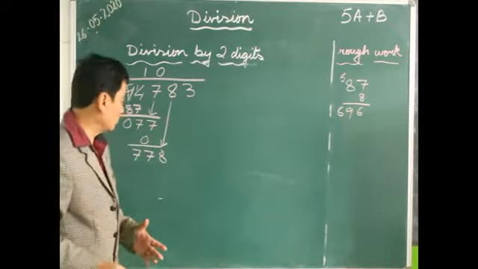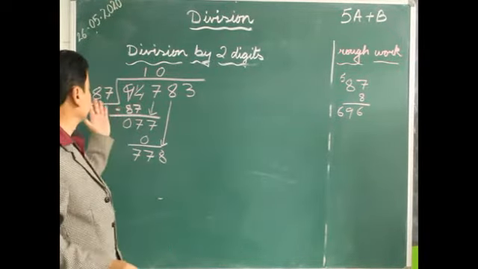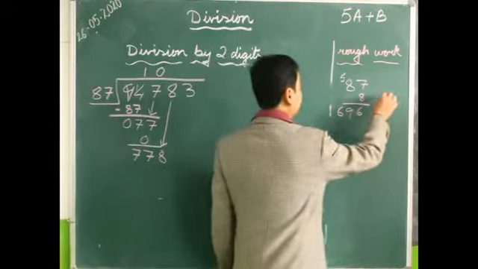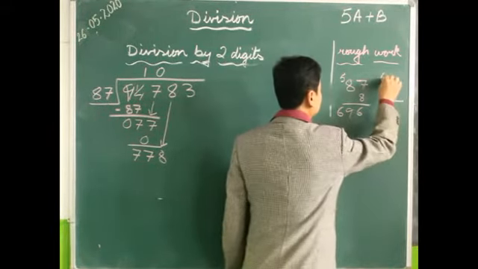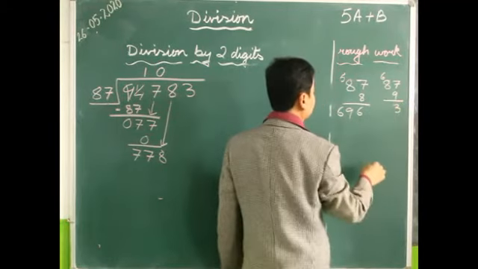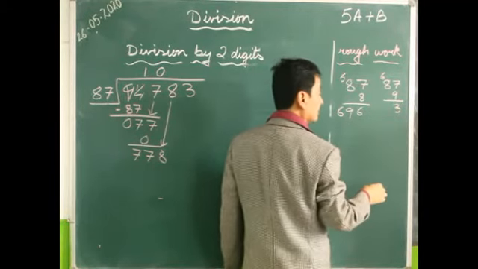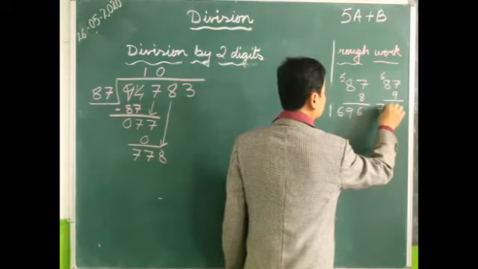But to be sure, let's use 87 times 9. Yeah, 9 times. 9 sevens are 63. 9 eights are 72 plus 6, 78.